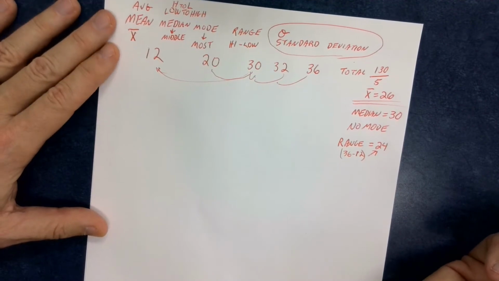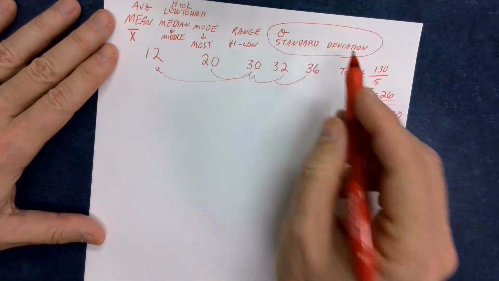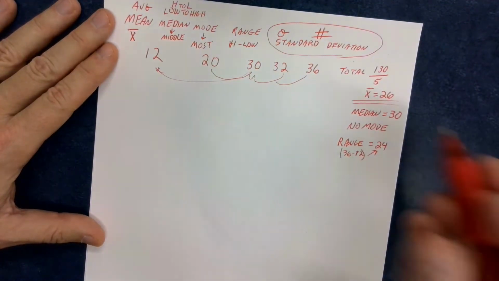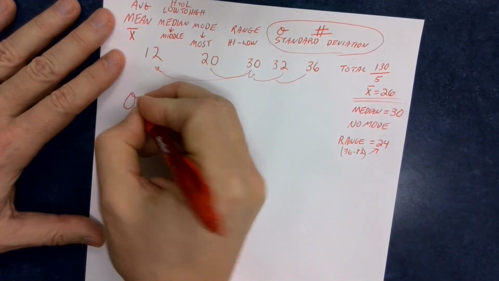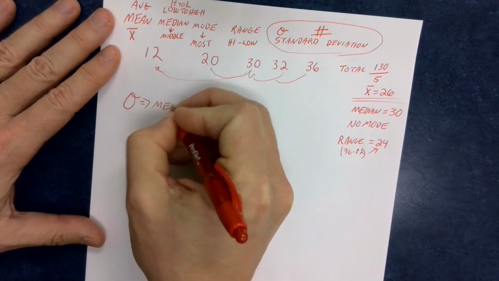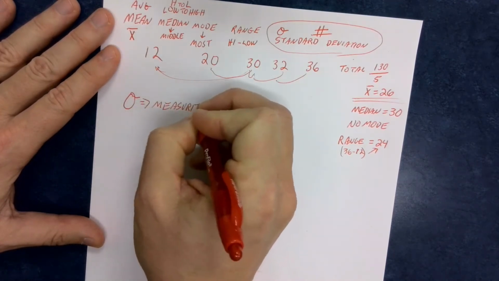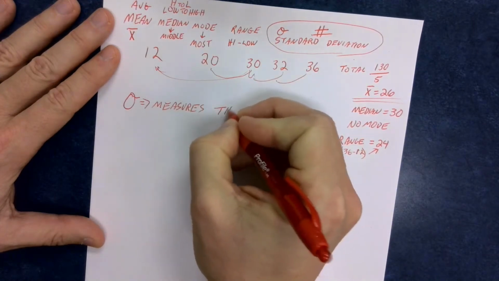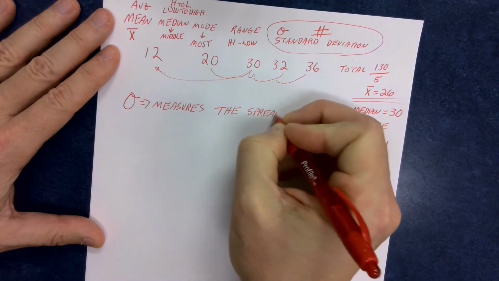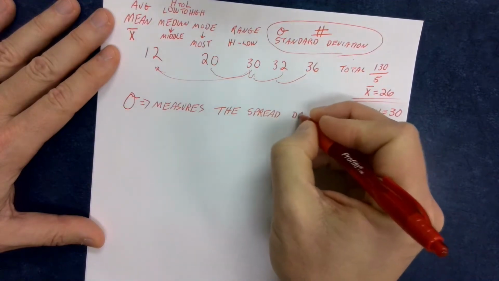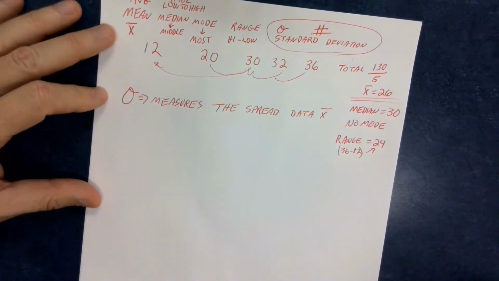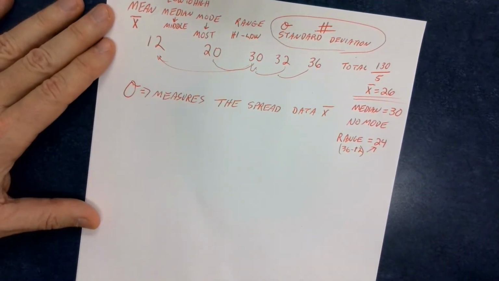So the first thing I do to develop this number, and this is an actual number, standard deviation measures the spread of the data. So how far out the data is spread from the mean, okay? And they try and get it down to a specific number, okay?